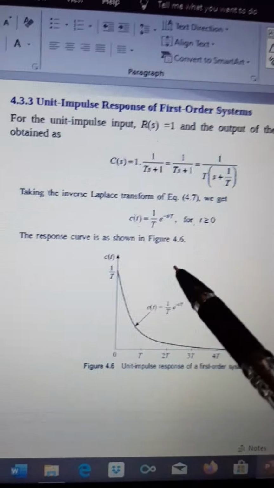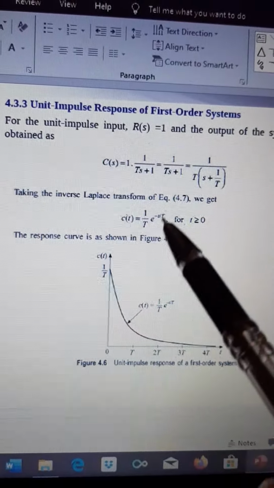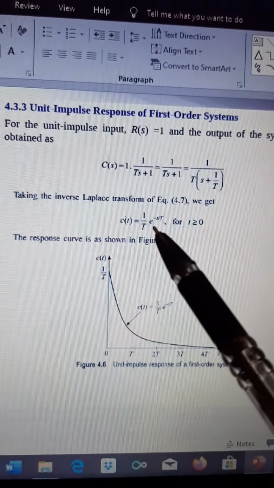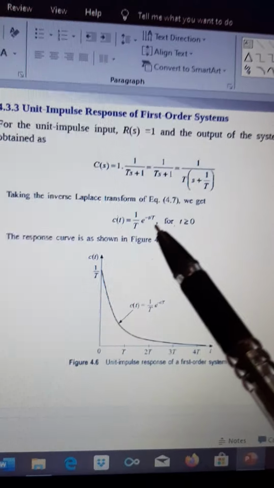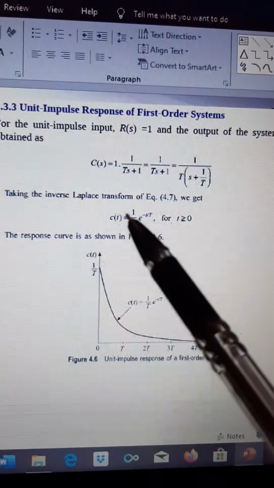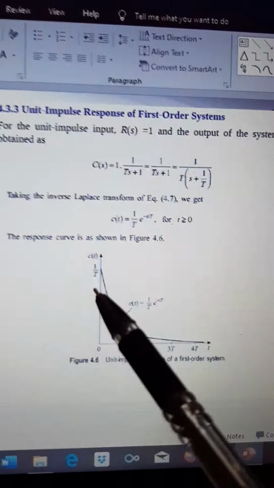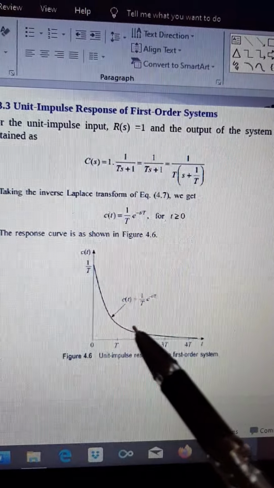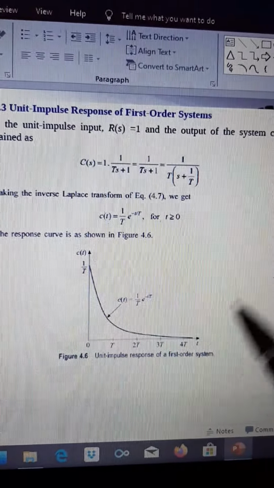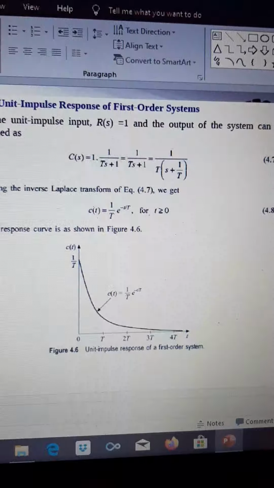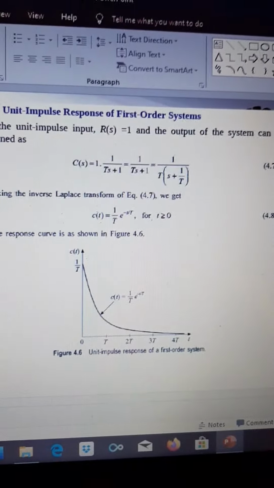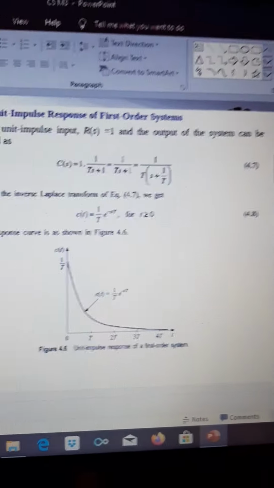The response curve is shown. You know that it is an exponentially decaying expression, so the maximum amplitude is 1 by T, and you can see that it will exponentially decay to 0. So this is the unit impulse response of the first order system.